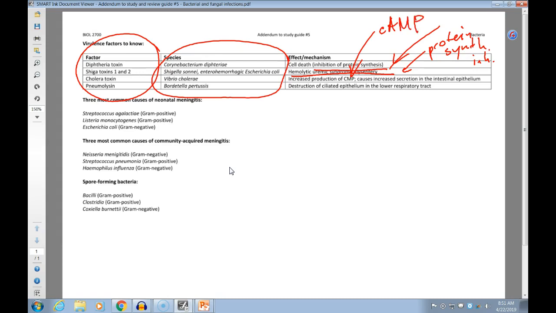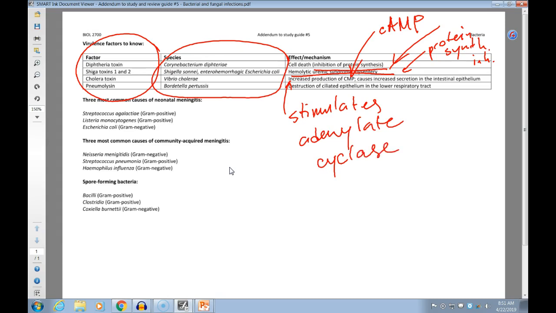So it stimulates adenylate cyclase, which leads to the increased production of cyclic AMP and increased secretion in the intestinal epithelium. And pertussis toxin of Bordetella pertussis: destruction of ciliated epithelium in the lower respiratory tract.